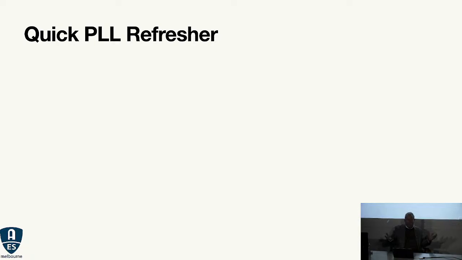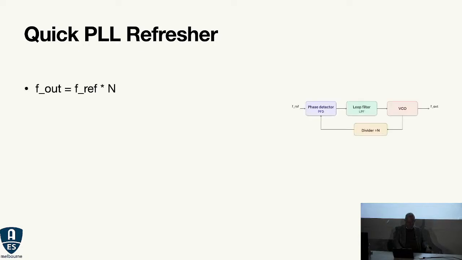Since I keep mentioning PLLs, maybe I should define it. Might be handy. So everybody's seen, oh yeah, it's not too bad, the little loop that is a PLL. There's a phase frequency detector. You have a loop filter. You have a VCO and a divider.